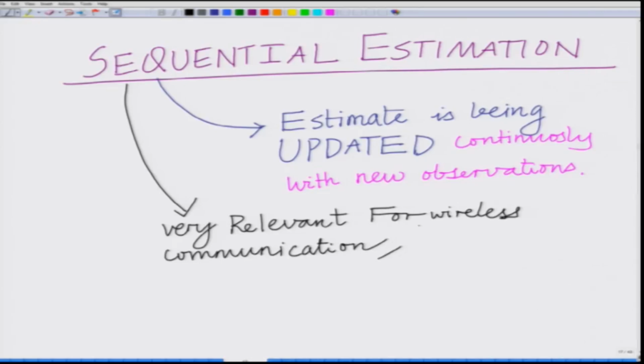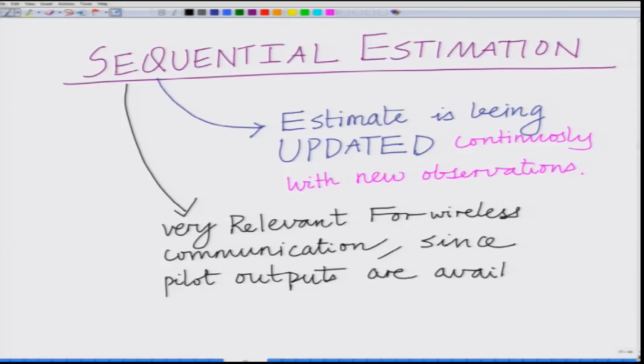This is very relevant for a wireless communication setup, since the pilot outputs are available sequentially, and that is the key term here.